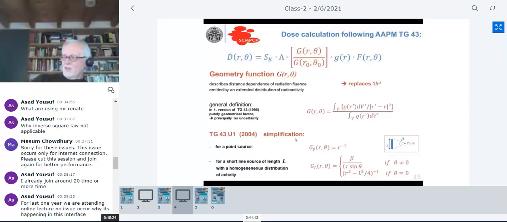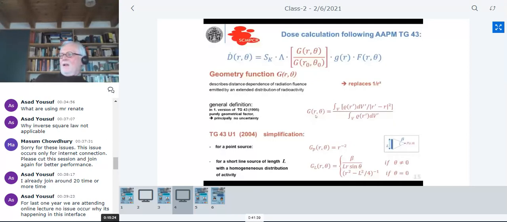For a point source, it's the variation of the solid angle with distance. For a point source, it's simply the inverse square law, and for an extended source with a length L, and this opening, this visible angle here, beta, you get these equations down here.